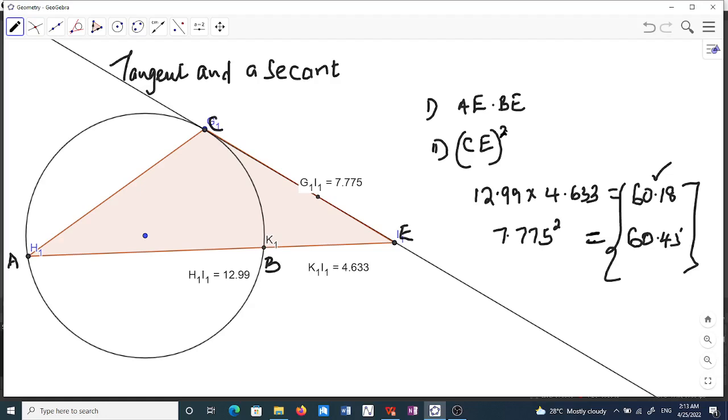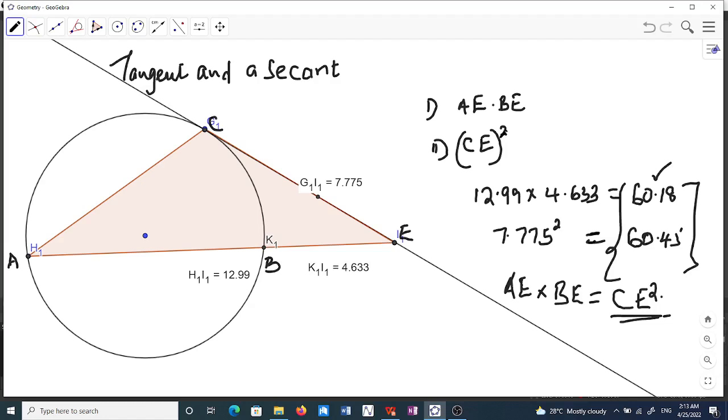Then, with that small error, we can still say categorically that there is a relationship: AE multiplied by BE should give you CE squared. That is how this one is obtained.